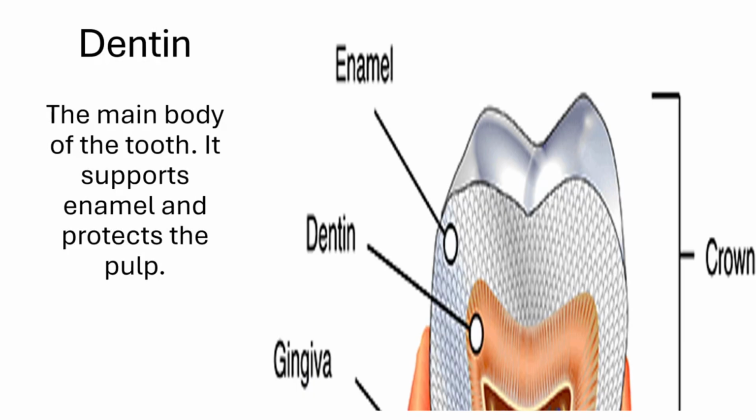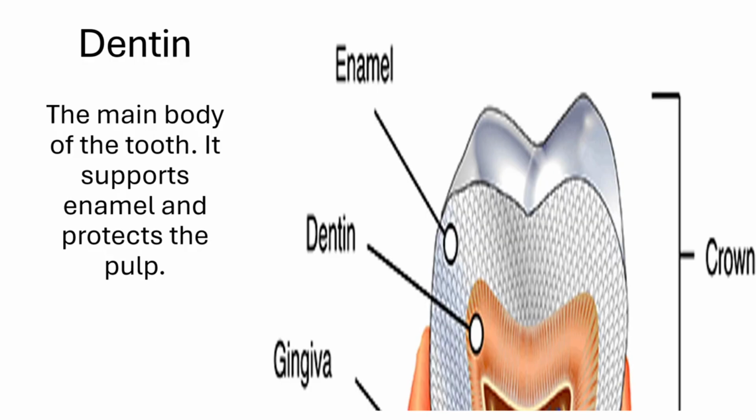Beneath the enamel, we find dentine. Dentine forms the major bulk of the tooth. It is not as hard as enamel, but it is still harder than bone. Dentine supports the enamel and protects the inner pulp. Dentine contains tiny microscopic channels called dentinal tubules.